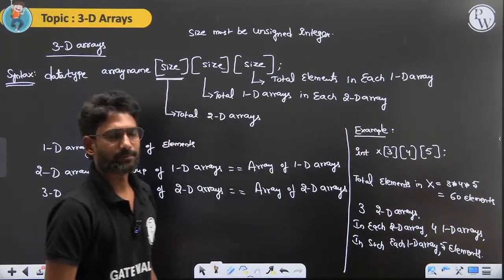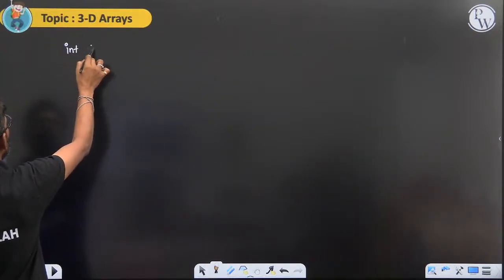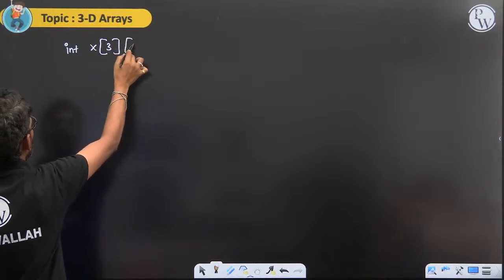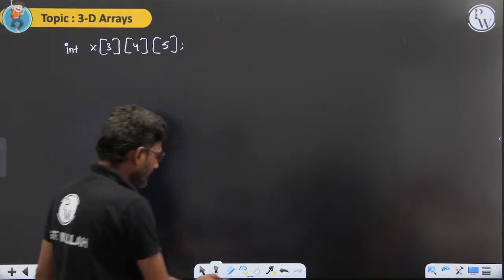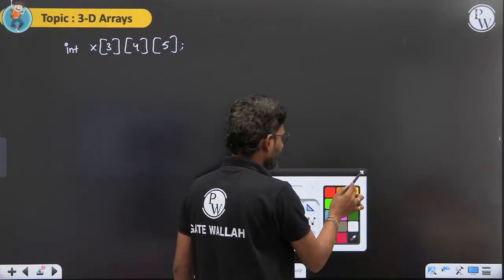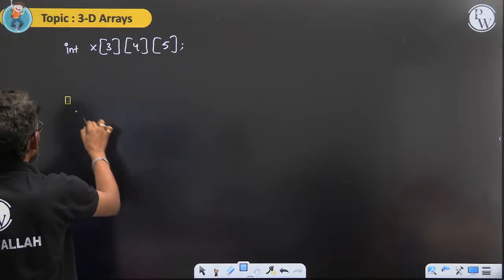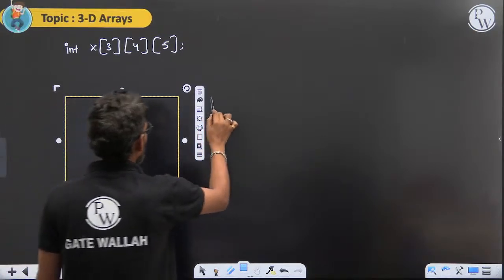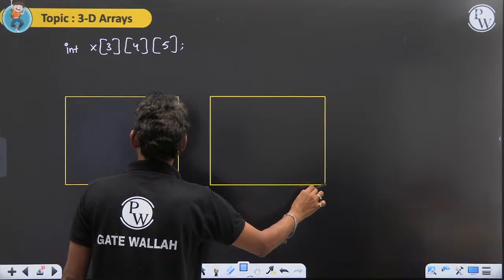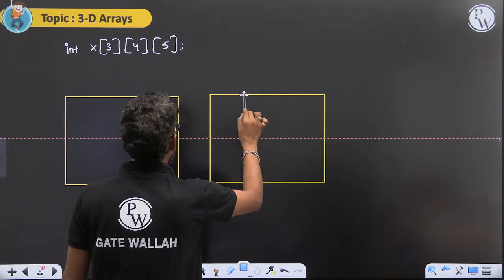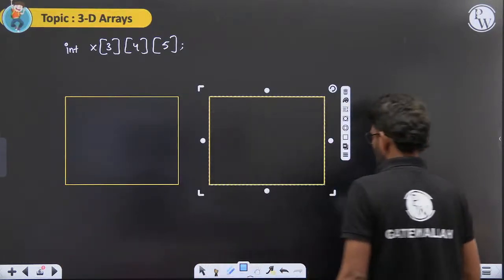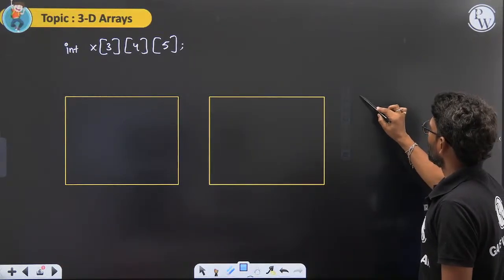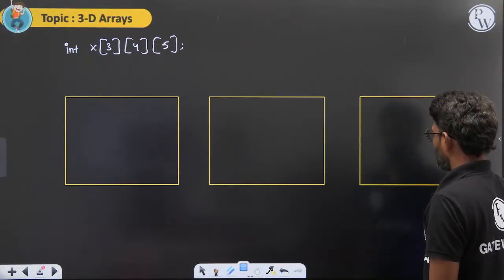So if I am taking this int x of 3 by 4 by 5, what is it indicating for us? There are 3 2D arrays.